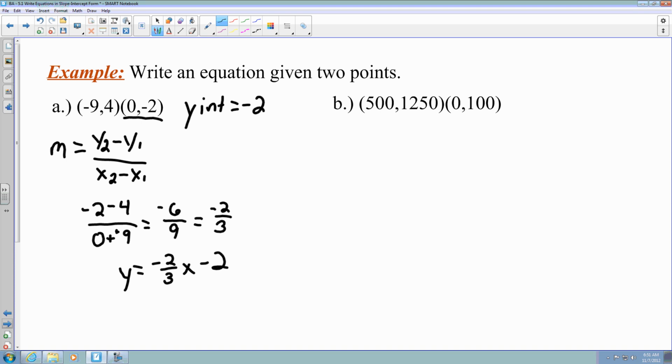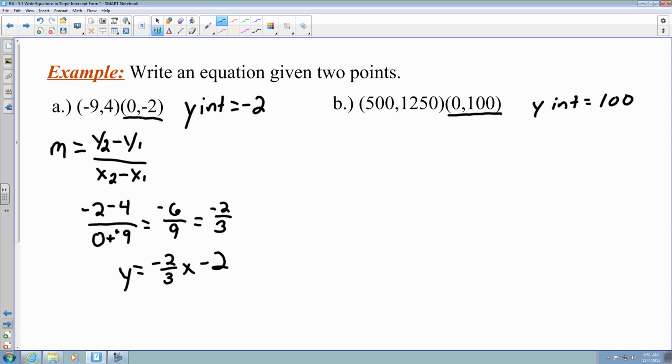Okay, B seems complicated just because they seem such large numbers, but it's really not all that bad. Again, I look at the two values. I see that we have a 0, 100, which then gives us a point at the y-axis. So our y-intercept equals 100.